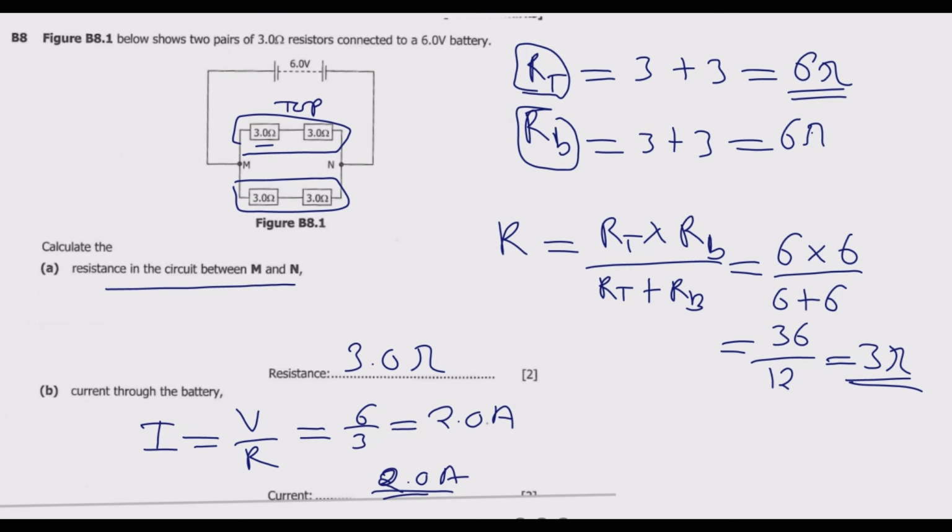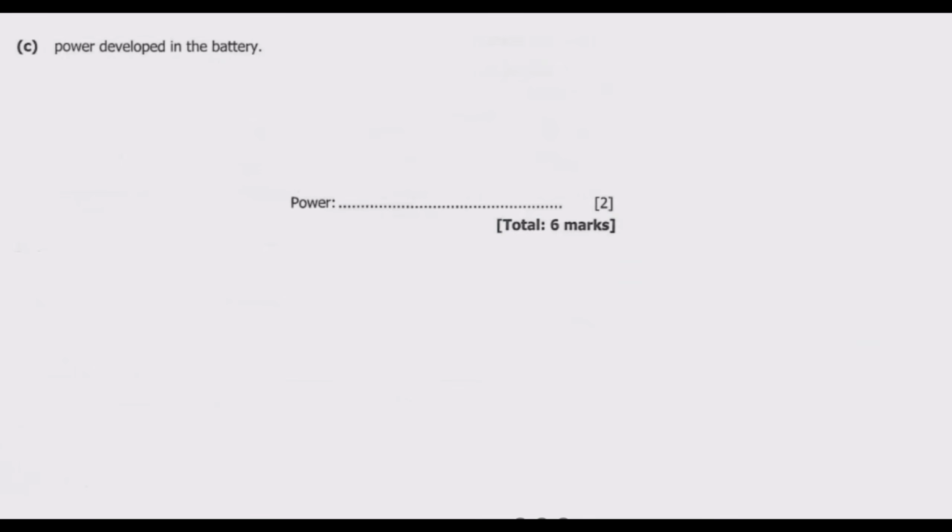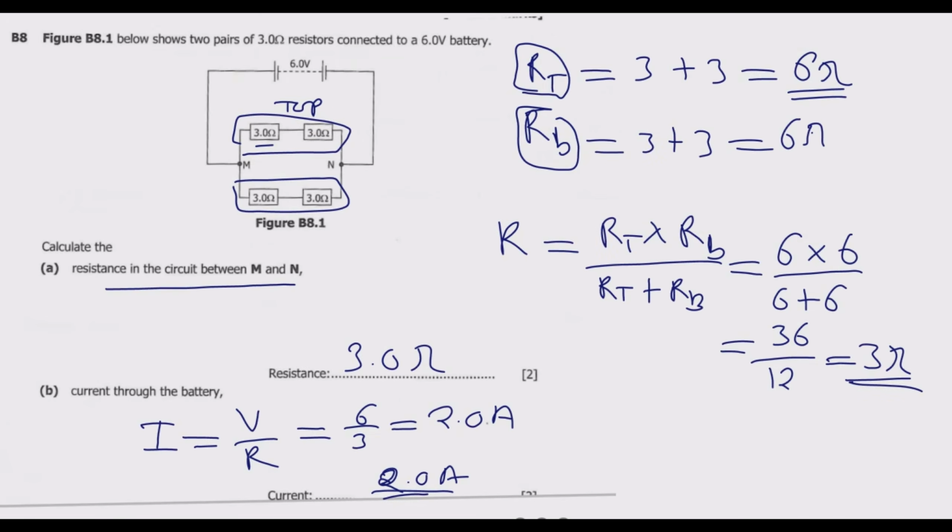Then we can go to the other part, which is section C, the power developed in the battery. So the power is given by basically a voltage times current. We've already found the voltage, which you are given, which is 6 volts.